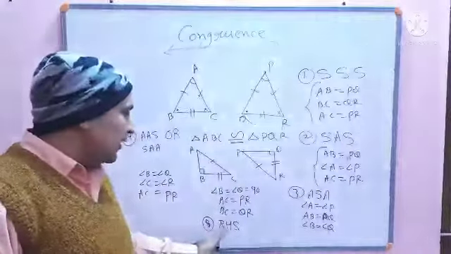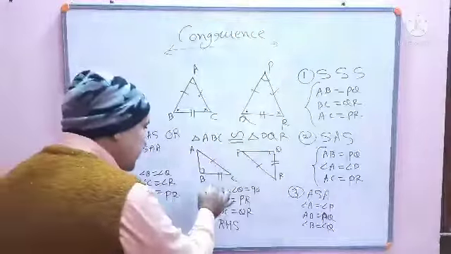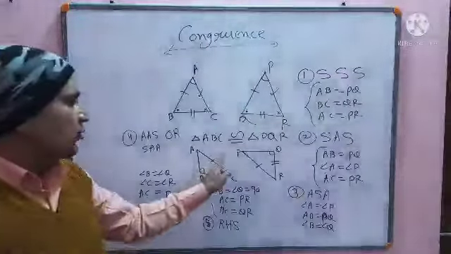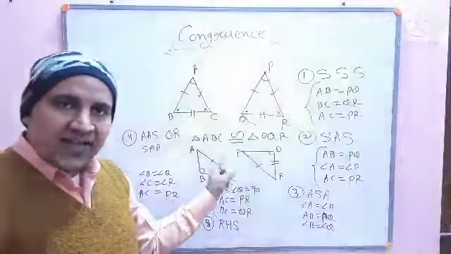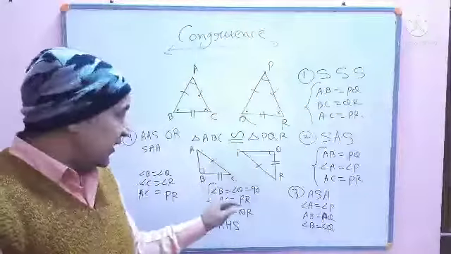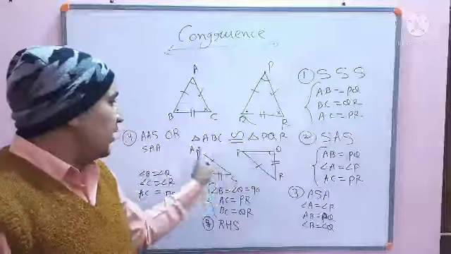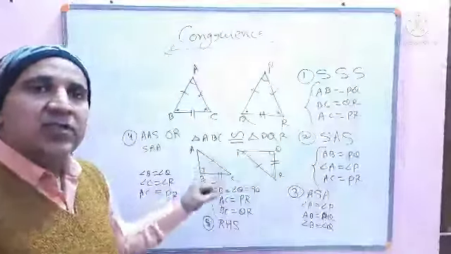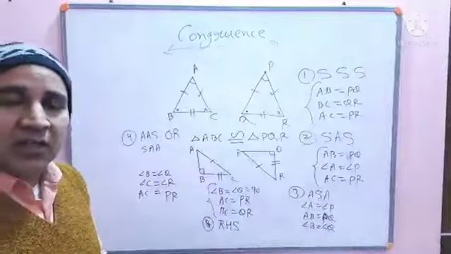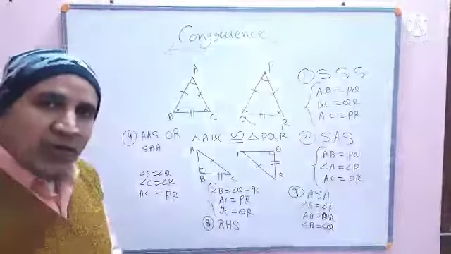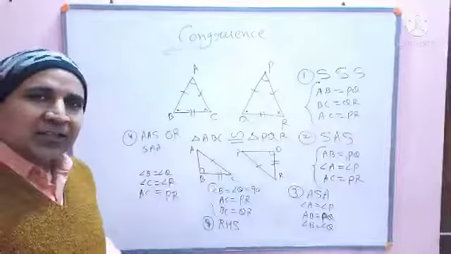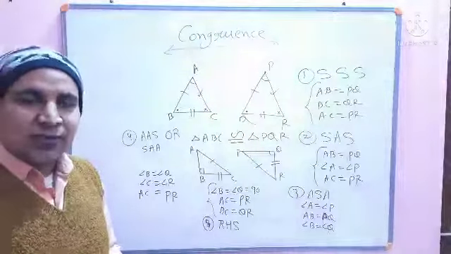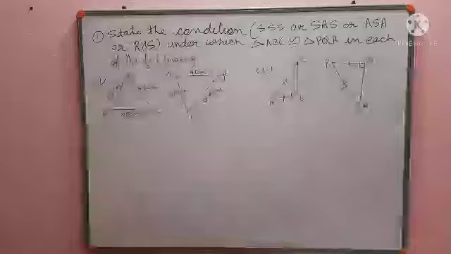So right angle, hypotenuse, side, this is the criteria. In two right angled triangles, if the right angle, hypotenuse and any one side are equal, then we will say that both the triangles are congruent. Understood? If you wish, you can copy it.